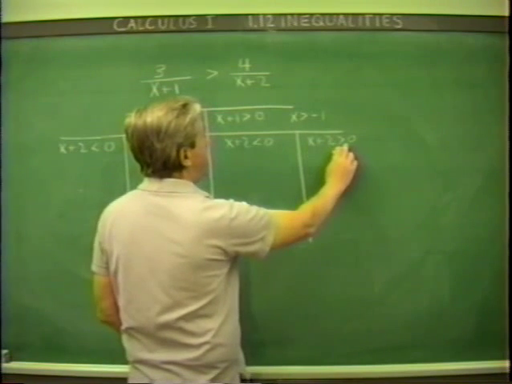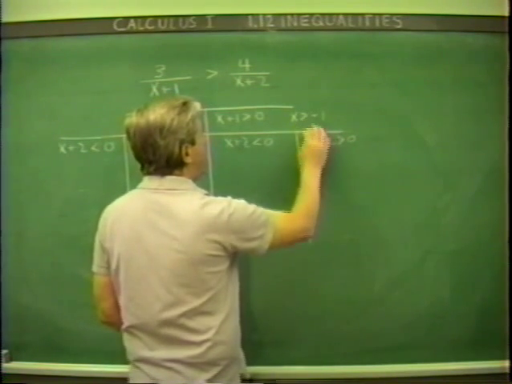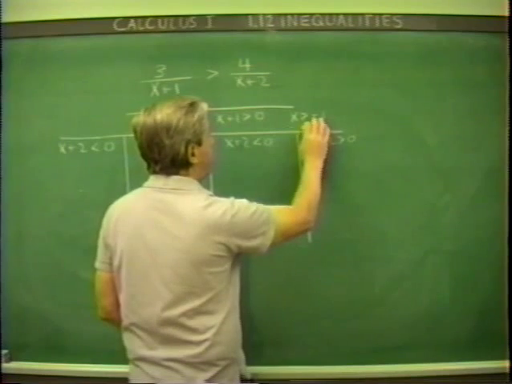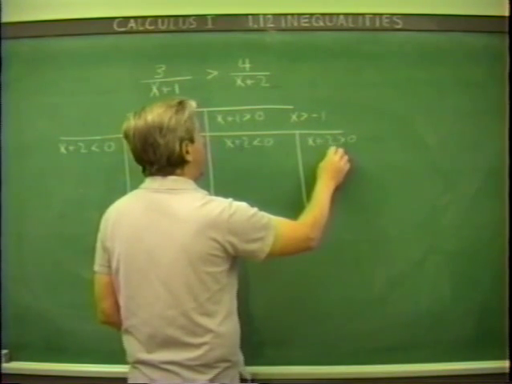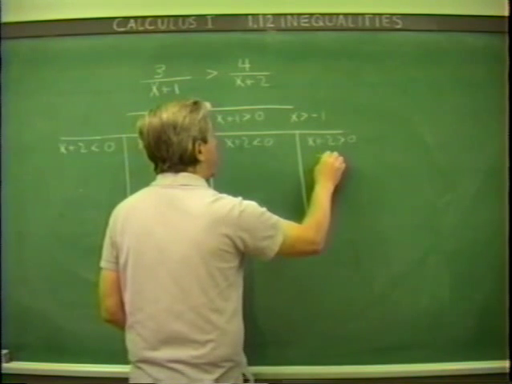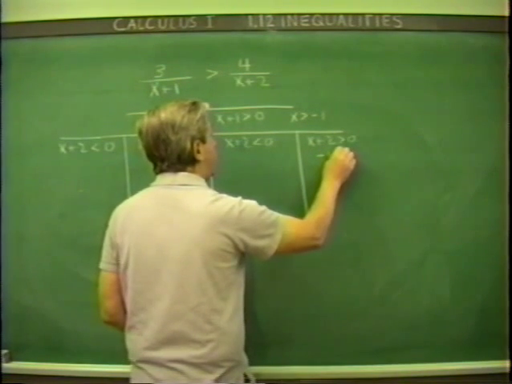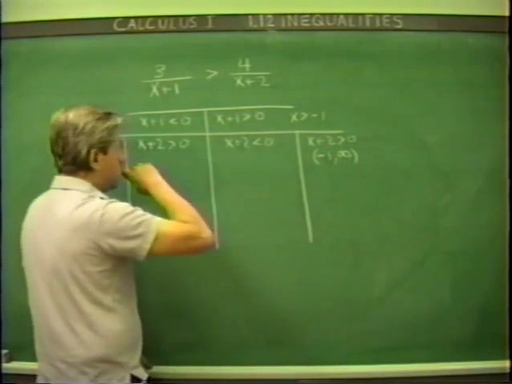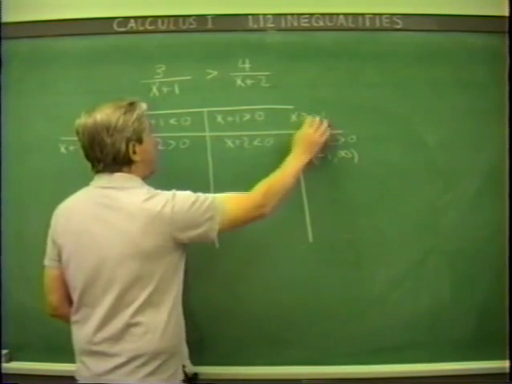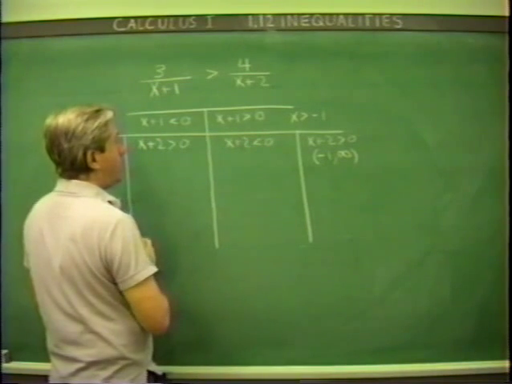Okay, well these are the numbers where x is greater than minus 1. Right? And these are the numbers here where x is greater than minus 2. Well, if it's going to be in this case here, it's going to have to be greater than minus 1 and also greater than minus 2. That's to say, it's going to have to be greater than minus 1. So this case here consists of the numbers from minus 1 to infinity.